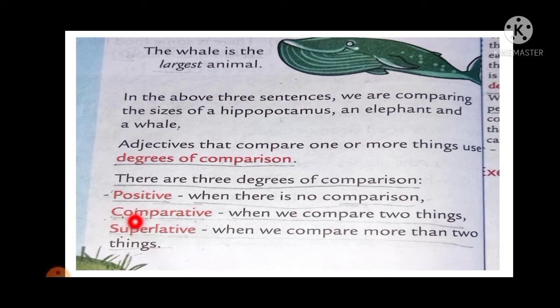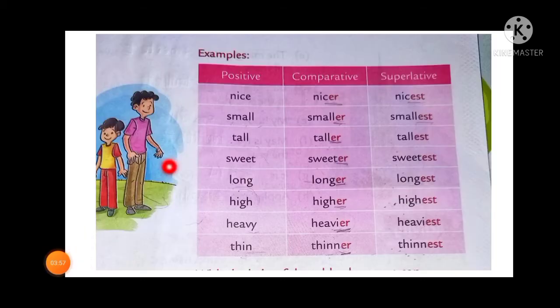Let's see the table here: positive, comparative and superlative. In the positive, the adjective nice will remain the same. In comparative we add er, nice, nicer, and in superlative we add est, nicest.